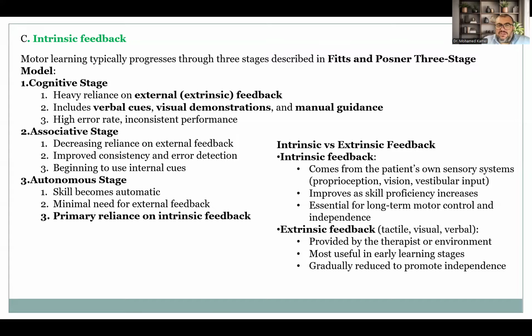In cognitive stage, there is dependence or reliance on external or extrinsic feedback. So as an instructor, as a therapist, or whatever, giving extrinsic feedback. This might include verbal cues. So, okay, you need to raise your foot, raise your leg, stuff like that, verbal cues.